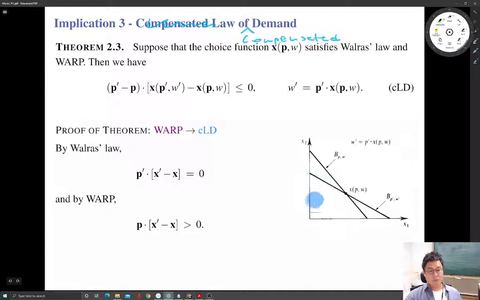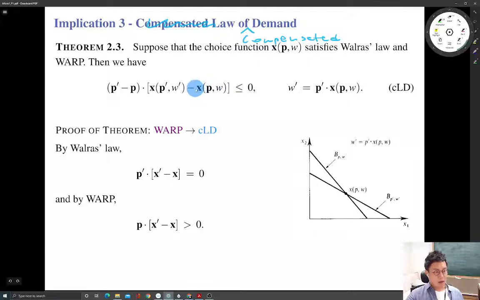Under the new price vector, we adjust the income so that the consumer can go back to this original bundle. So the new budget line will still pass through the original bundle like this. Okay, so that is a kind of compensated demand. So we observe the consumer's demand after compensation, after adjustment of the income, as much as he could go back to the previous bundle.